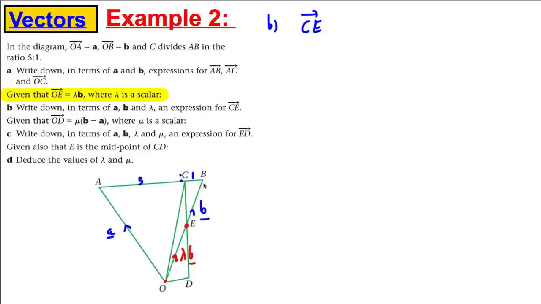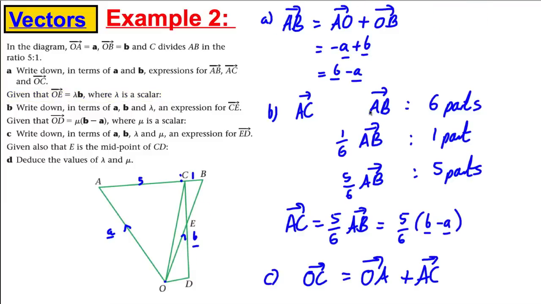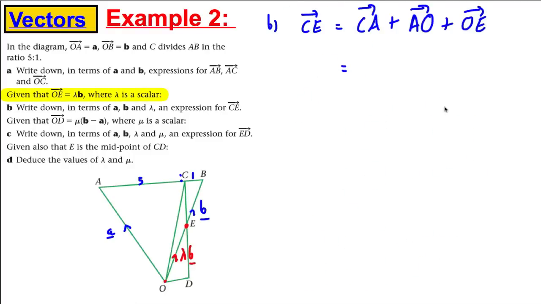You could go from C to A, then from A to O, and then from O to E. Now in the previous part we've done A to C, which is 5/6 (b minus a), so the other way around must be negative 5/6 (b minus a). A to O is negative a. And O to E is lambda b.